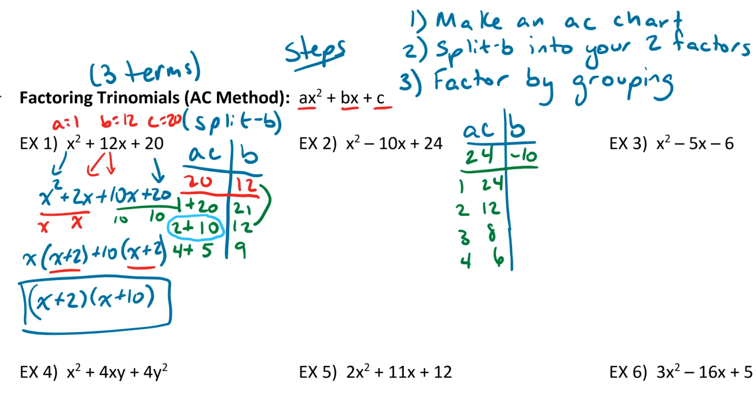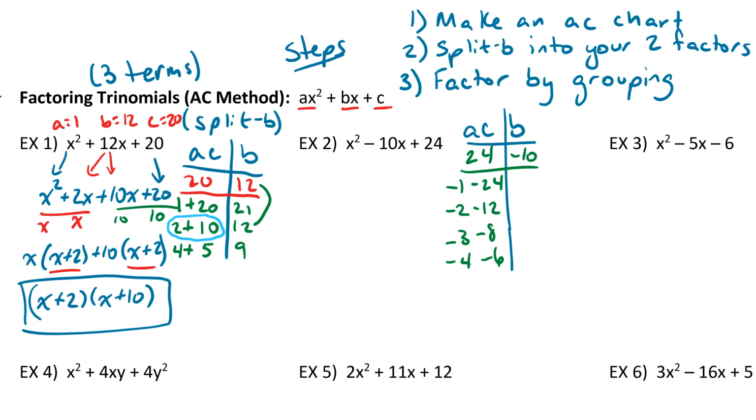All right, so if b is negative, the bigger one should always be negative. If b was positive, the bigger would be positive. Now remember, they also needed to multiply to get that 24. Since 24 is positive, the only way to multiply and get a positive number is if the signs match. Right now, the signs don't match, so to fix that, we're just going to make the smaller numbers negative as well.